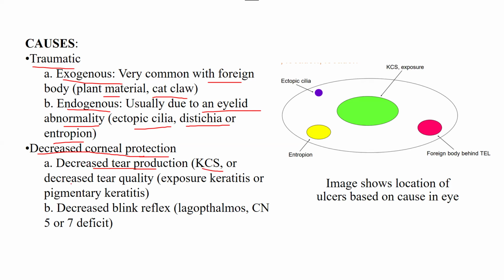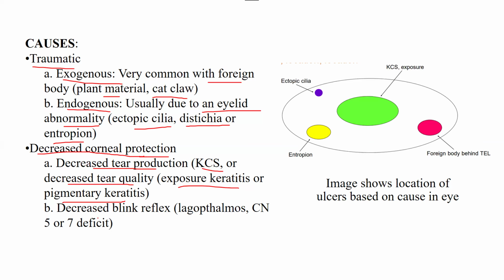So KCS or decreased tear quality, exposure keratitis, or pigmentary keratitis, basically these situations cause corneal ulceration. Exposure keratitis means that the eye is exposed to the air for long and there is no lubricant there, and then the pigmentation starts to change when the conditions get chronic. So that's how basically this situation happens.